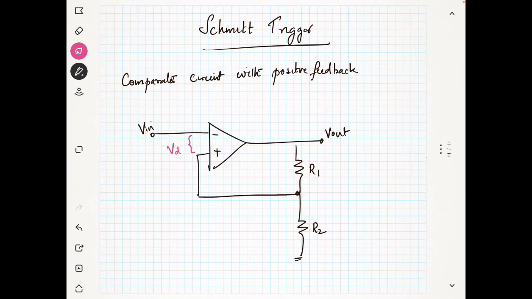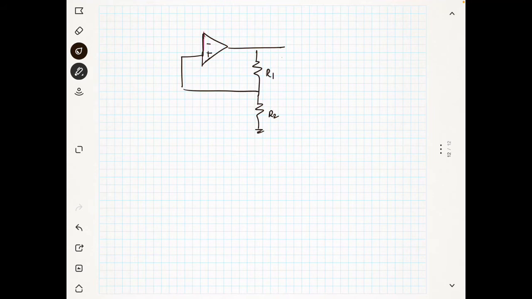It is nothing but Vd, and the open loop gain is AOL. Now we will see what will happen if we give an input to this circuit. So I will draw the circuit diagram again. This is R1 and this is R2, and V out, and this is V in.